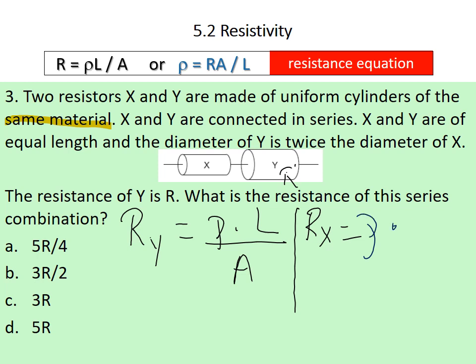Okay. Now let's compare the length. It tells me X and Y are of equal length, so the length doesn't change between these two equations. Now I'm going to divide by the area.